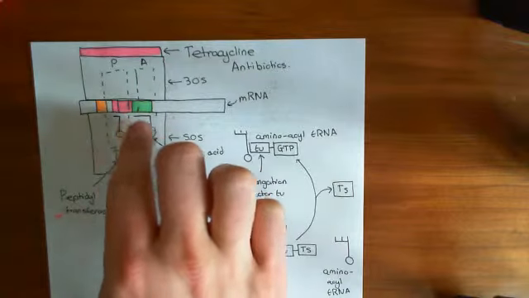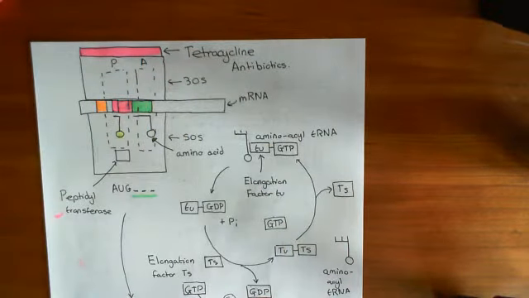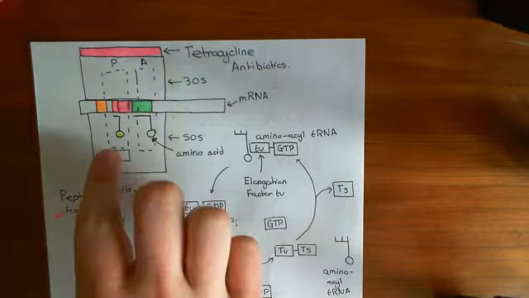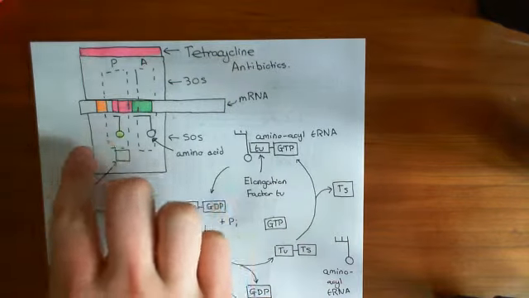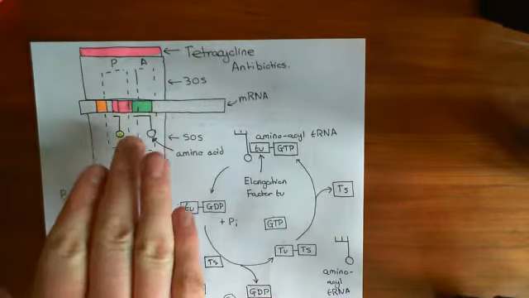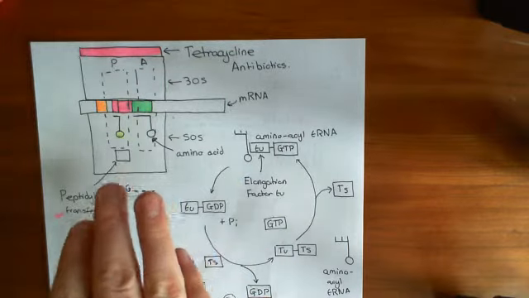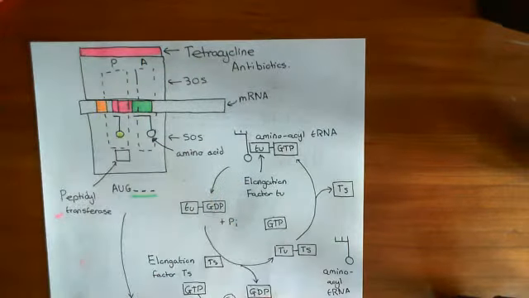Even though this still comes in and still binds, it's not in the correct position within the ribosome for the ribosome to transfer the polypeptide from the tRNA in the P site to the tRNA in the A site, and that blocks the growth of the polypeptide. It stops you from being able to expand your polypeptide, and therefore it halts protein synthesis.